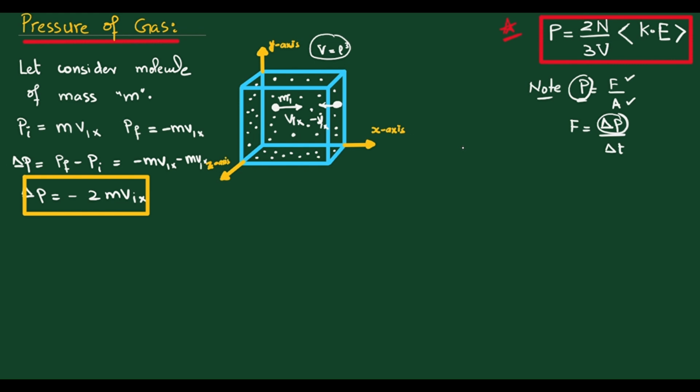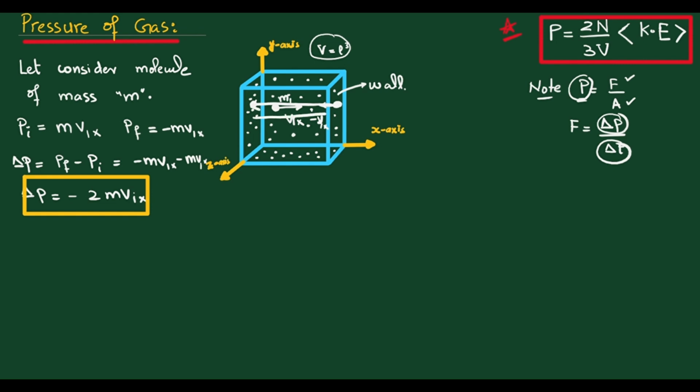Now we find the change in time interval, the time between two successive collisions at this wall. The molecule strikes this wall, goes back to the other wall, strikes it, and then comes again to this wall.